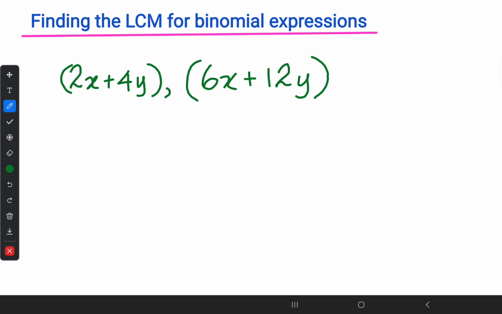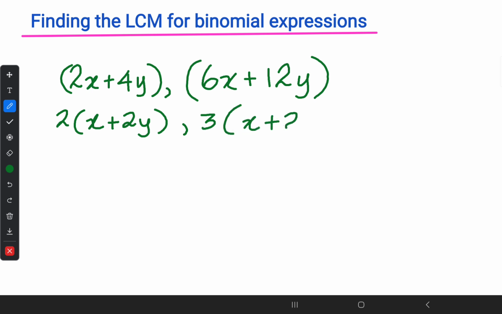Before finding the LCM, you have to factorize them because these are binomial expressions. What is a binomial expression? That means more than one variable is there. So here 2 times (x plus 2y), and in the next one 6 times (x plus 2y).